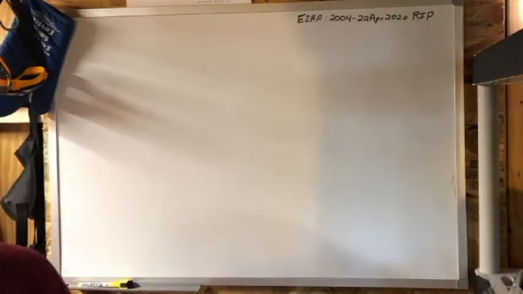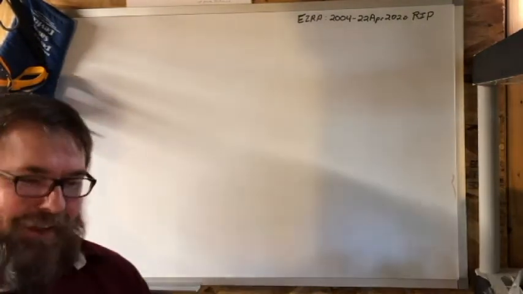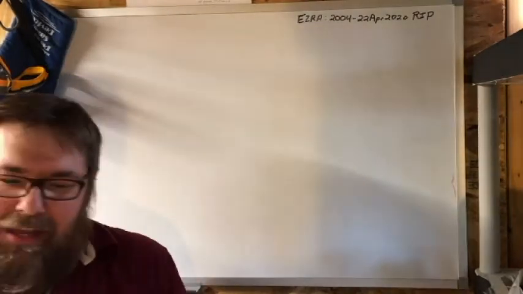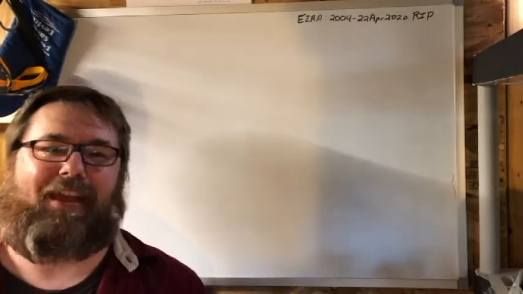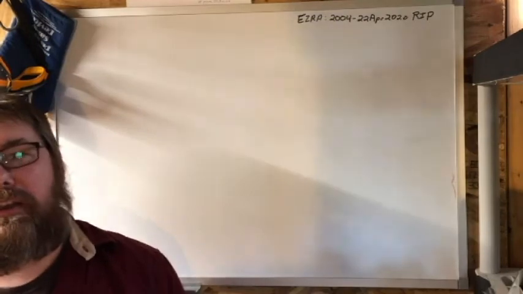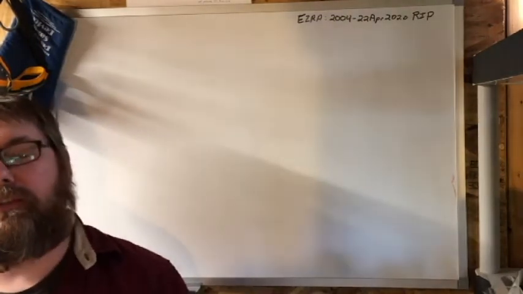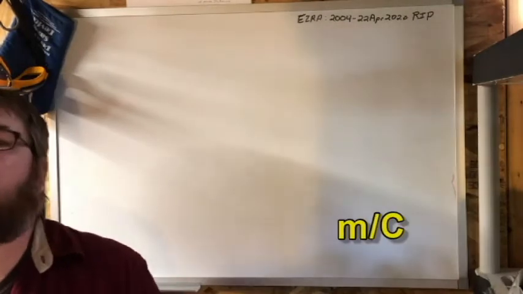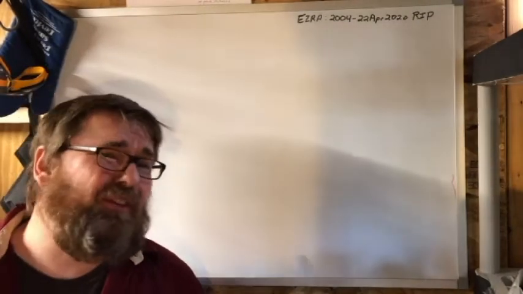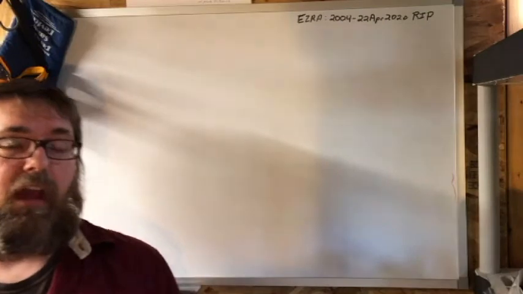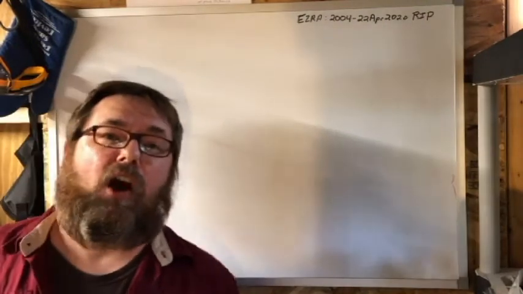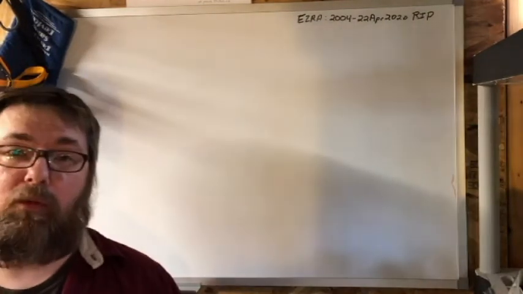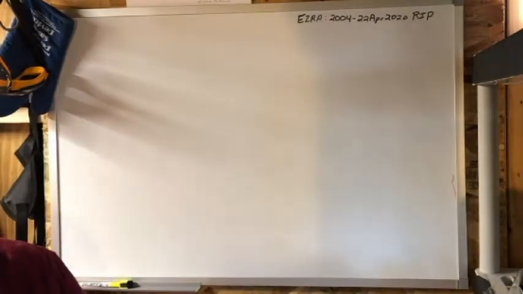Angular velocity is related to linear velocity; I don't want to say they're the same, that's not true. But when you look at plate motions, they're usually in millimeters per year, centimeters per year, meters per century or something like that. Those are linear velocities. Angular velocities are things like RPMs. That's probably the one most people are familiar with.